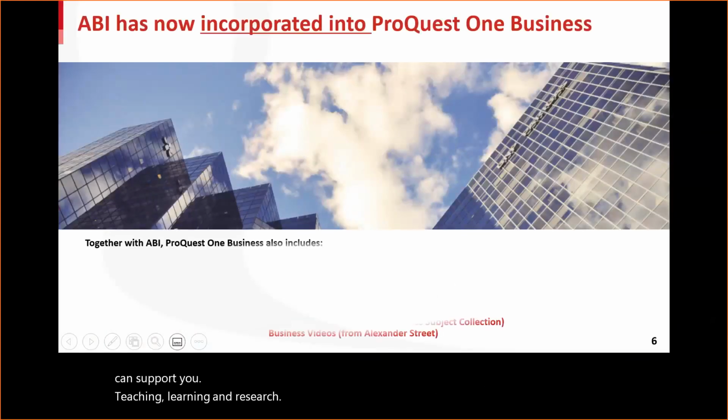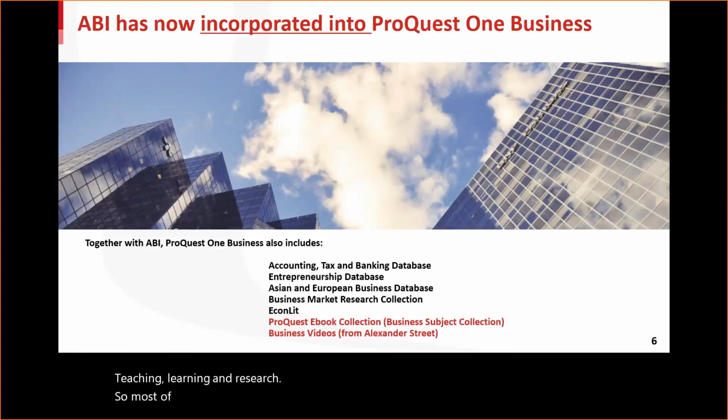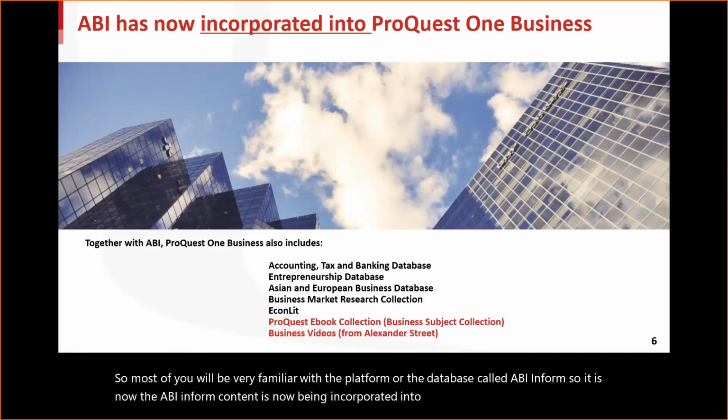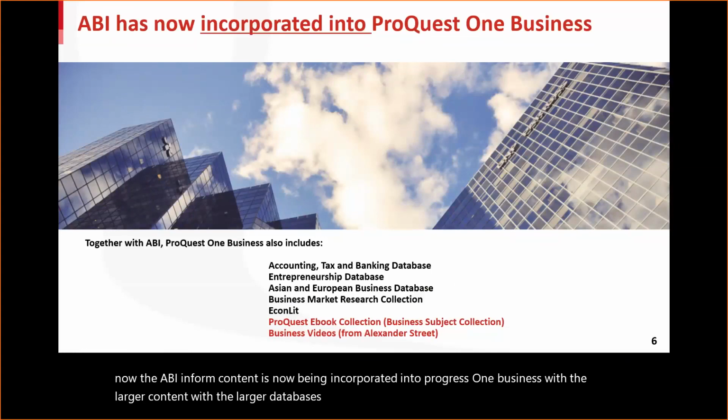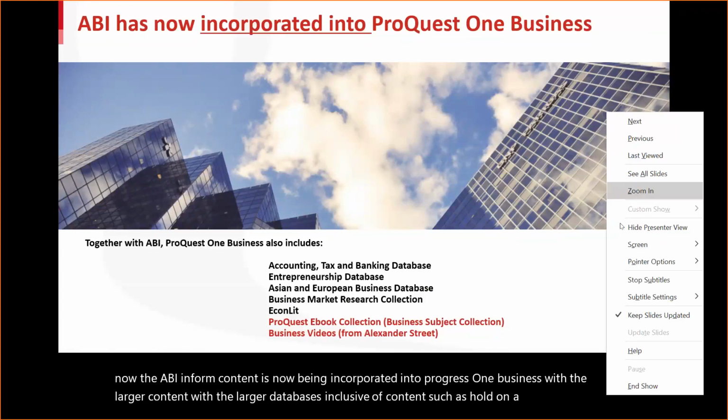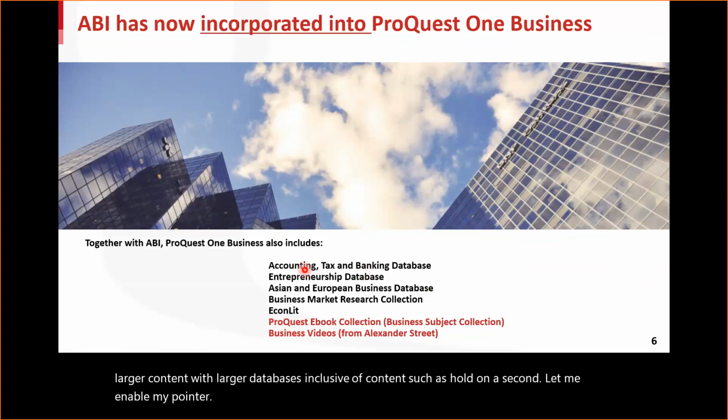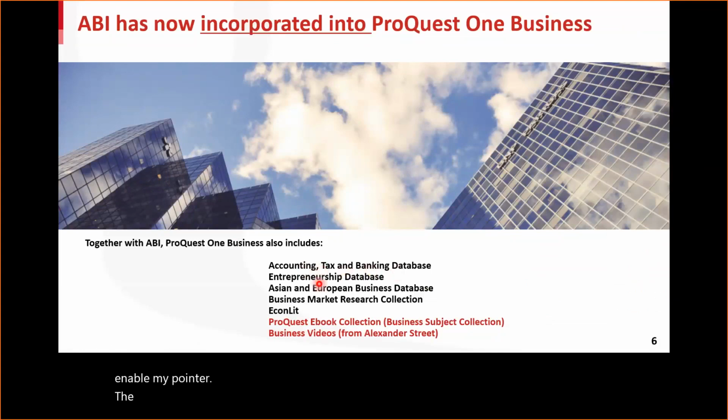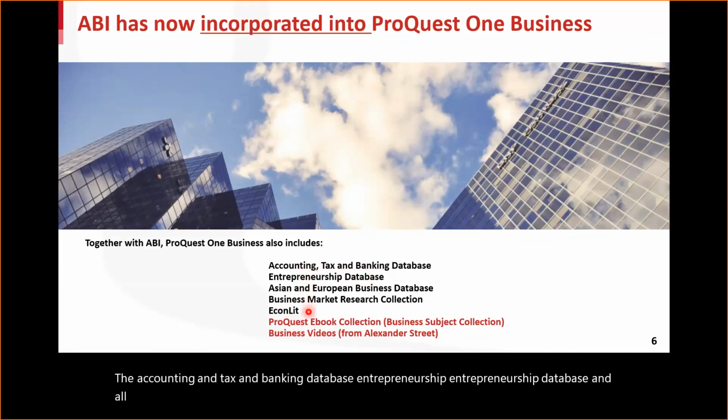Most of you will be very familiar with the database called ABI Inform. The ABI Inform content is now being incorporated into ProQuest One Business with a larger set of databases, inclusive of the accounting and tax and banking database, the entrepreneurship database, and all these listed databases here, including the ProQuest ebook collection, business subject-related, and business videos.